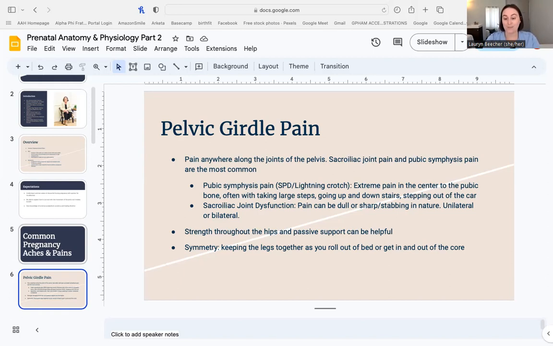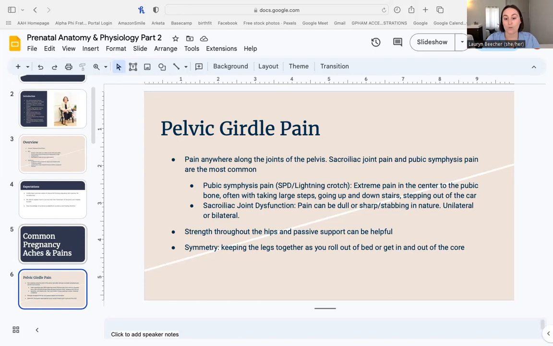So some little things to think about here when we are working with someone who has pubic symphysis pain during their yoga practice. They might not do well with a wider stance.